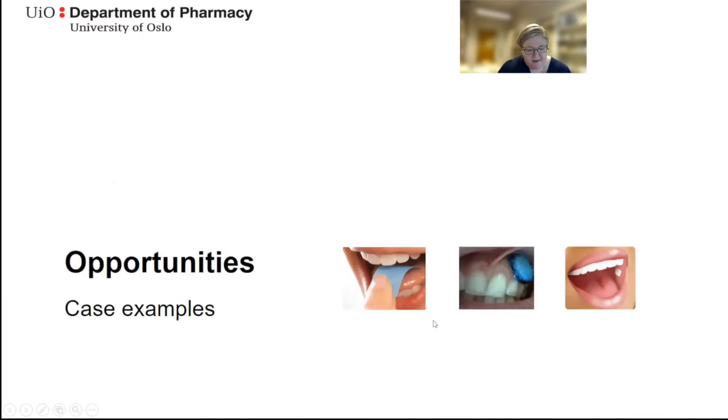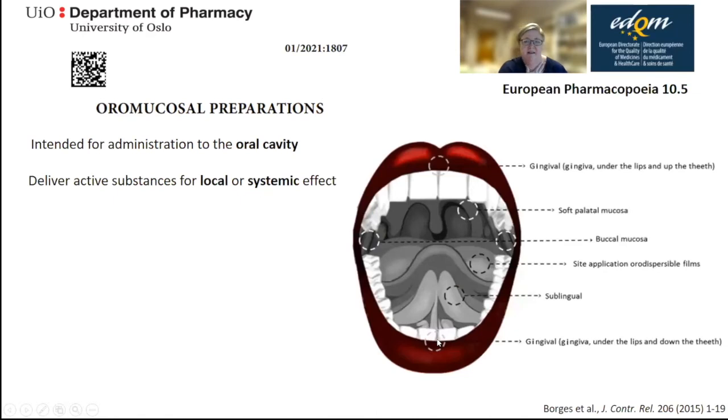So then I thought we can look at a few examples of which opportunities we have. Let's start out by looking at what the pharmacopoeia defines as oromucosal preparations.